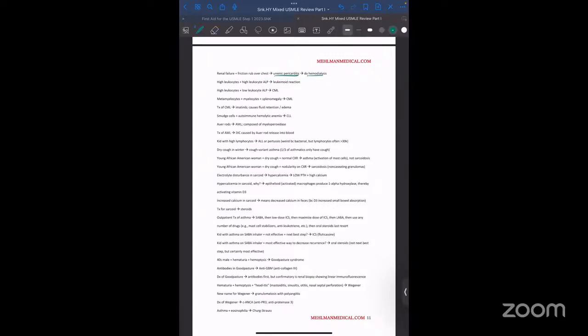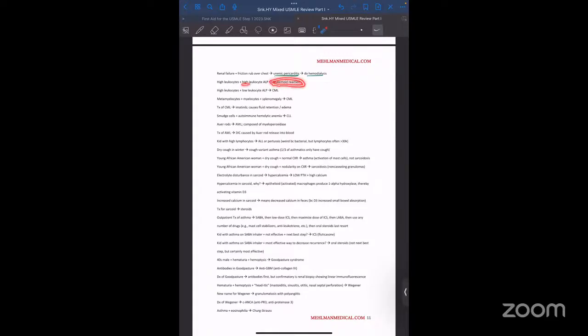Okay, high leukocytes plus high leukocyte ALP is leukemoid reaction. High leukocytes plus low LAP score is CML. Alkaline phosphatase is inside the leukocyte. So anytime there's inflammation, this will pour out and increase.